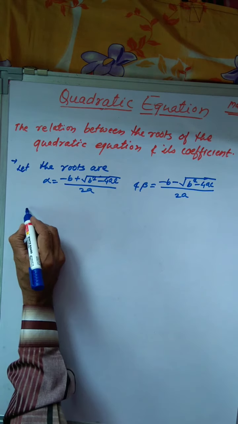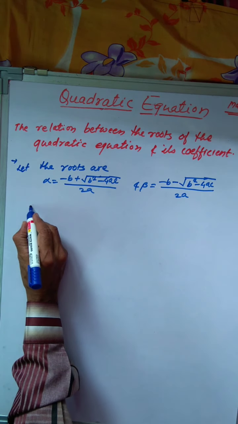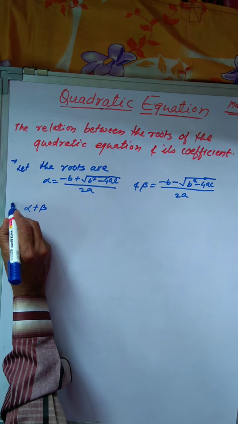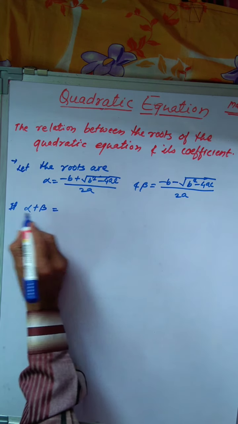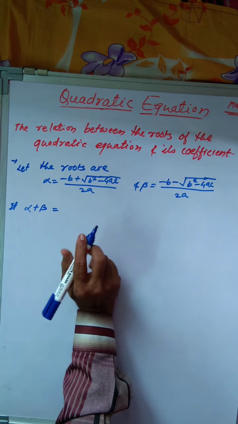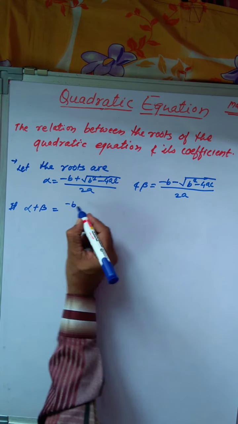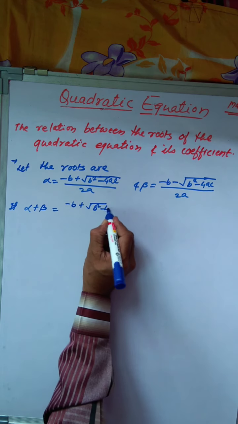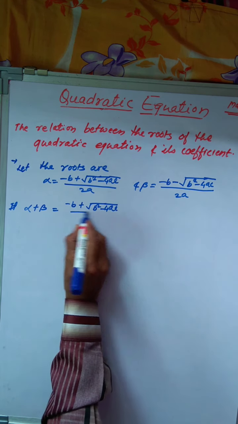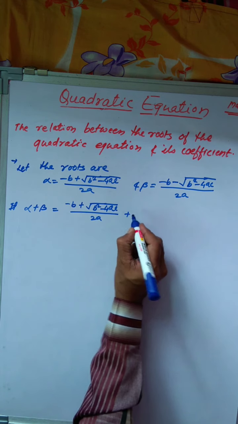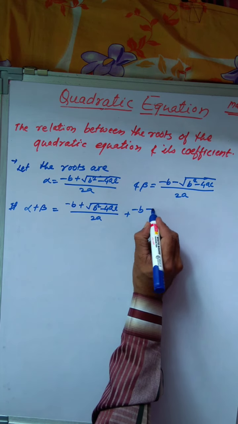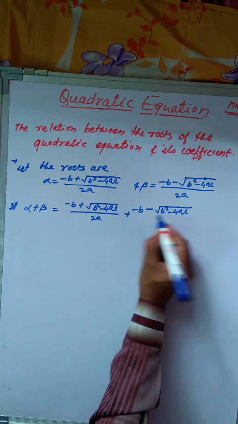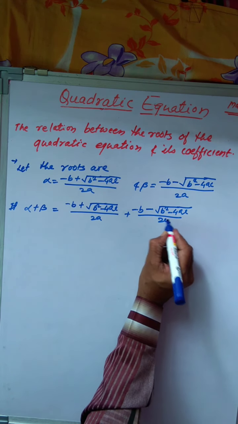If we add these two roots, that means alpha plus beta, we get (-b + √(b² - 4ac))/2a plus (-b - √(b² - 4ac))/2a.